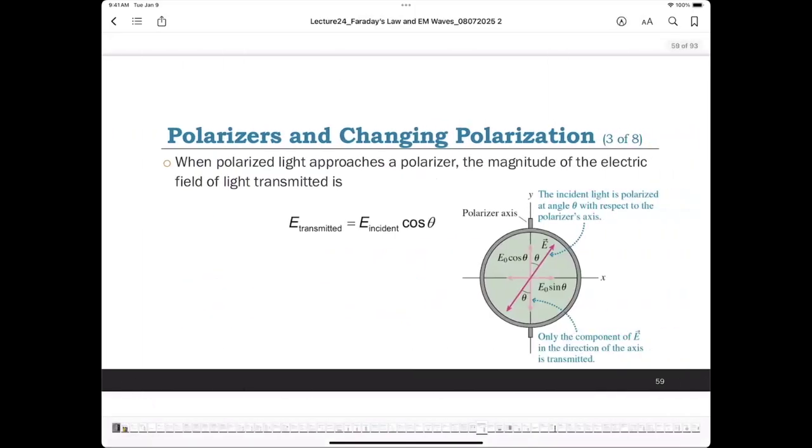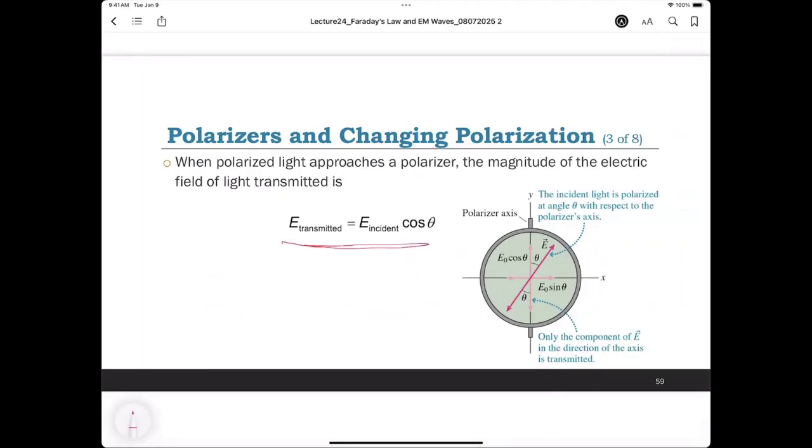Okay. And when polarized light approaches a polarizer, the amplitude of the electric field of the light transmitted is given by this. This is the electric field of the incident light, and this is the electric field of the transmitted light, and they have this relationship.